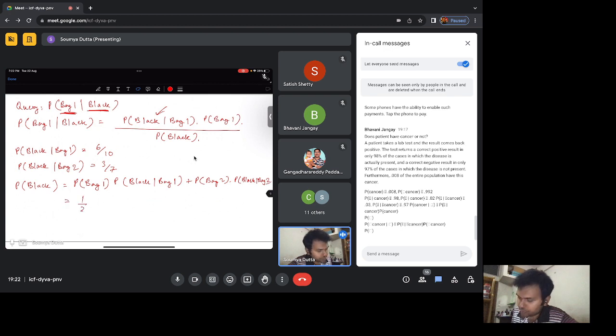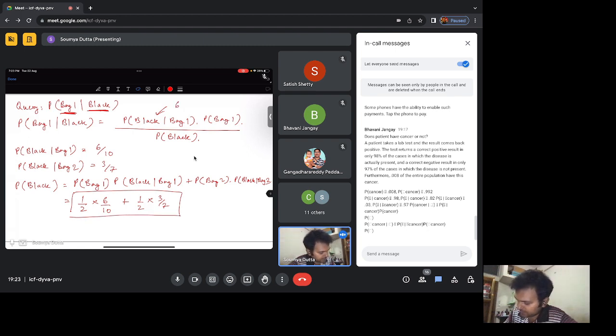So you can choose either of the two bags with equal probability of half: half into P of black given bag 1, which is 6 by 10, plus again half for selecting bag 2 and 3 by 7. So that is the denominator.